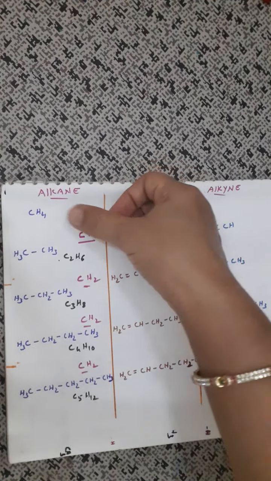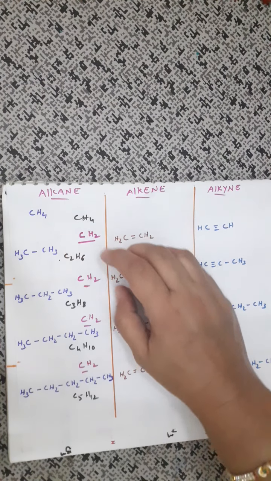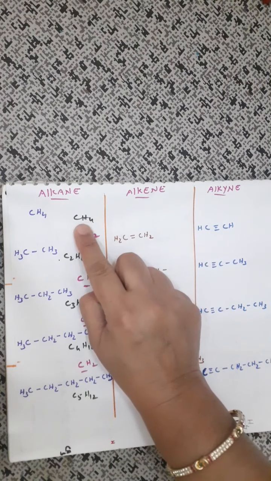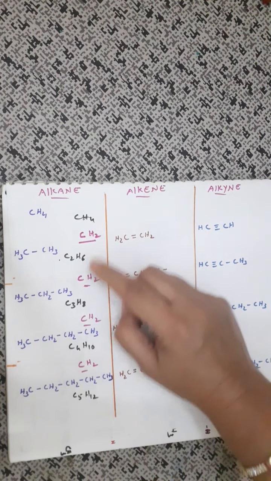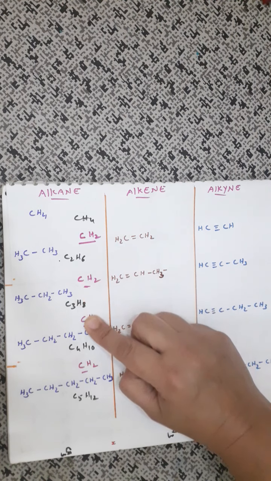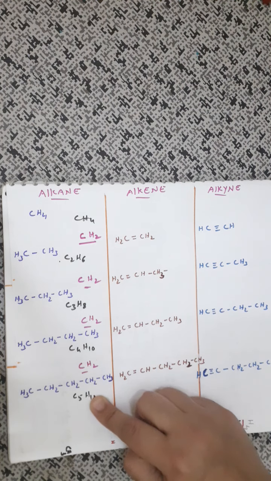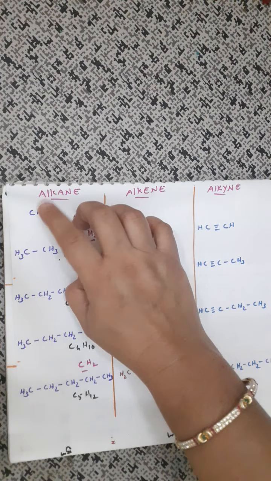So now, what have you observed as a common factor? Between the first and the second hydrocarbon, you are finding a difference of how much? CH2, which is repeated between two successive hydrocarbons. But it is not the same between methane and propane.